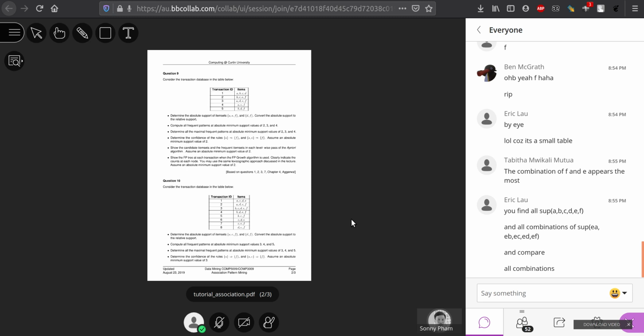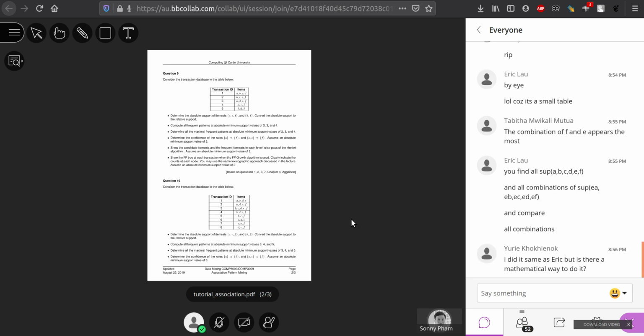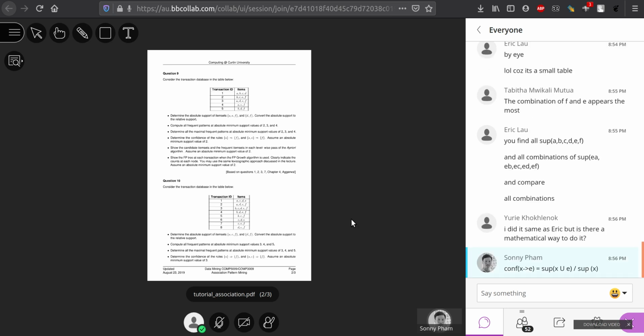So we have the confidence of X to E is equal to the support of X and E divided by the support of X. Right? Are we right? Yeah. Okay.